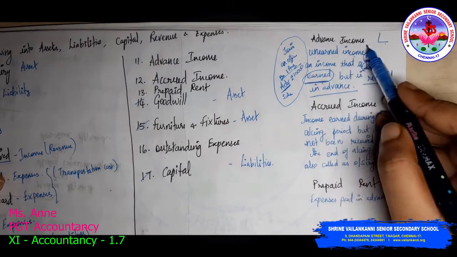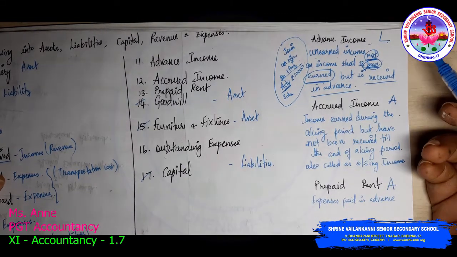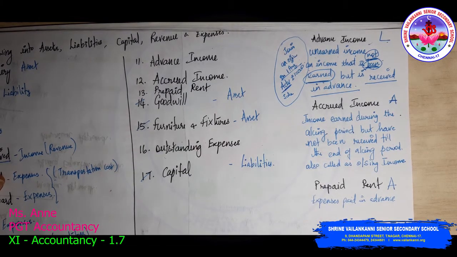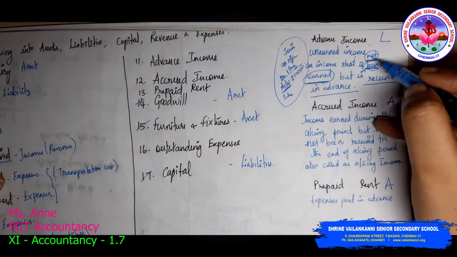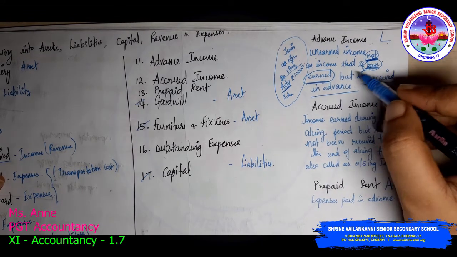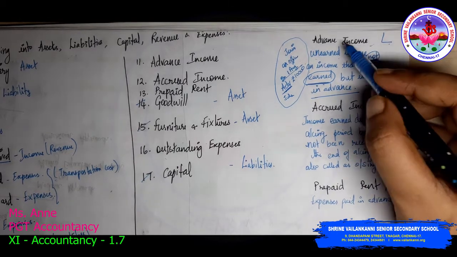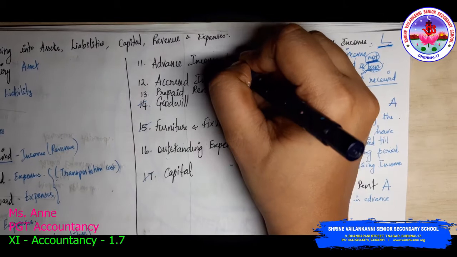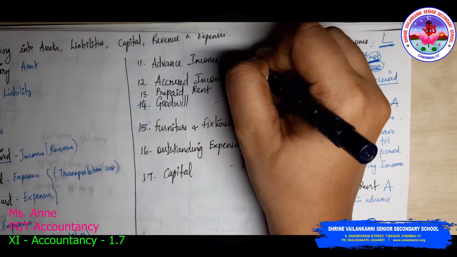So advance income is an unearned income, an income which is not earned but is received in advance. That is called advance income. So it is a liability.